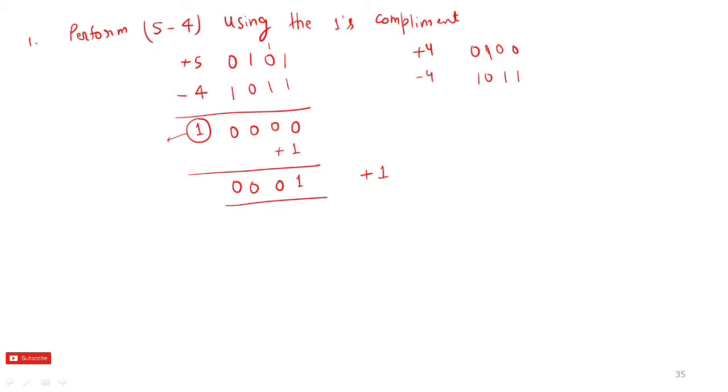This is how the computer calculates this in the binary system, in ones complement. Okay, this is the procedure. So you can write here some note point.